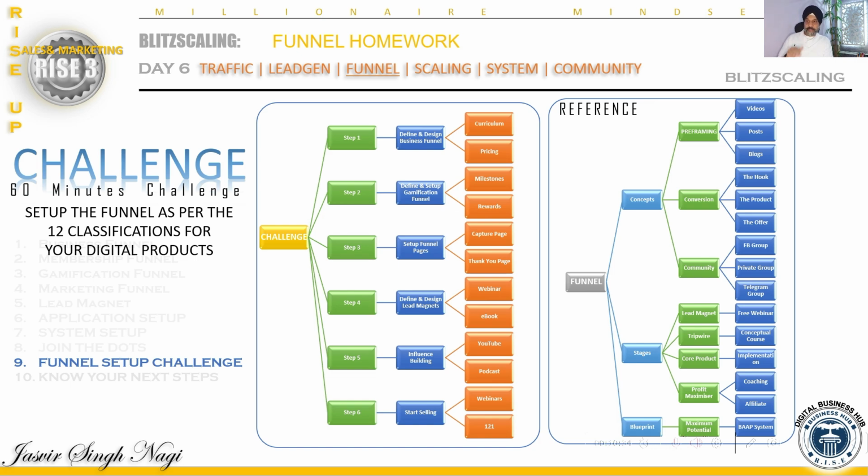Step 2, define and strategize the gamification funnel. This is putting your membership details in place, right? And then you put your milestones for these things, and then you put the rewards for these things. Milestones, if you're getting confused here, are all about what people would have achieved in reaching the level of digital asset that you want them to consume at that point in time, and then you reward them.